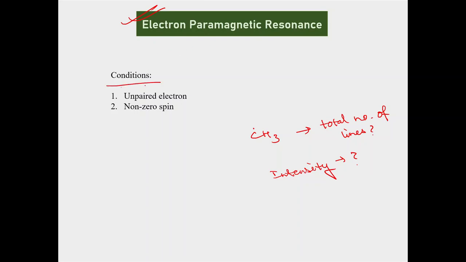So the conditions for being EPR active are that there should be at least one unpaired electron present in that molecule, and the I value, the spin value, should not be equal to 0. Okay, so these are the conditions for being EPR active. Mostly all the radicals are EPR active.